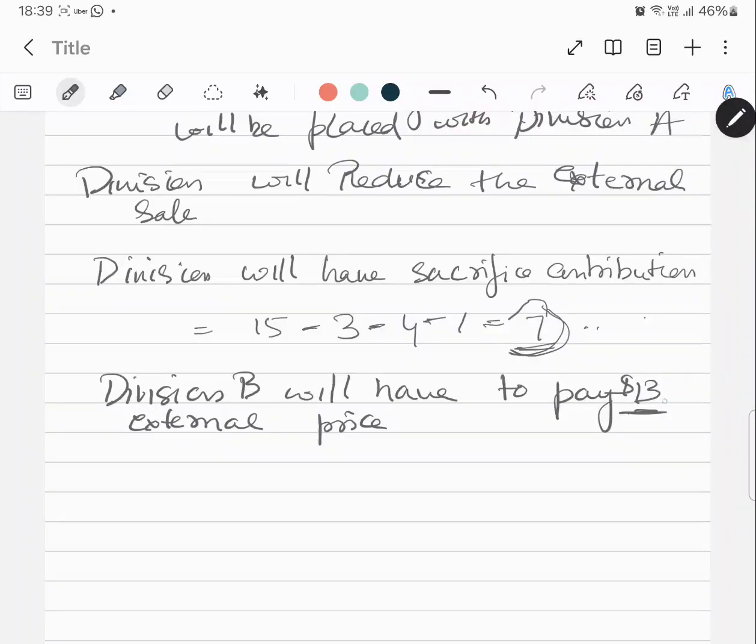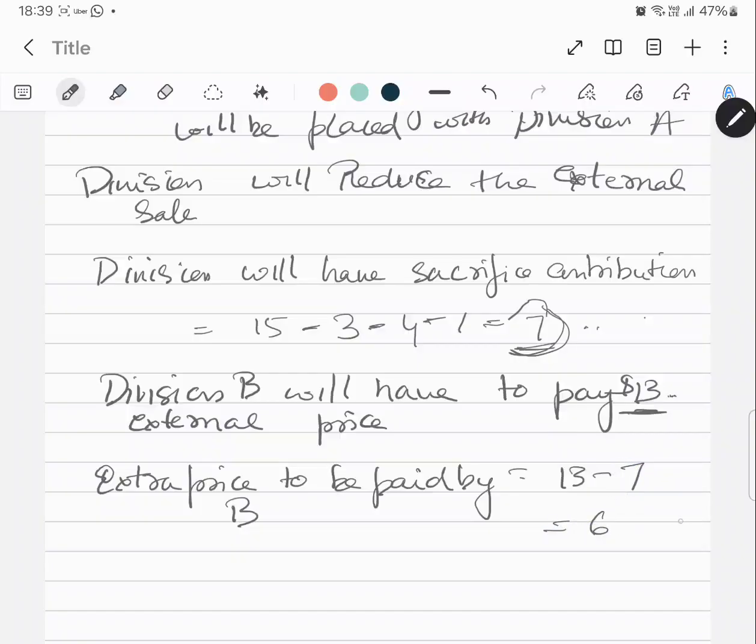But if it buys from an external supplier, the incremental extra price to be paid by B is 13 minus 7, that is 6.